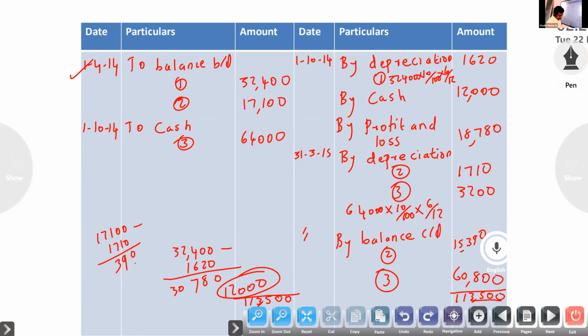On 1st April 2013, the machinery purchased on 1st January 2011 became obsolete and was sold for rupees 7,500. On the same date, new machinery was purchased. Depreciation is provided annually on 31st December at 10% per annum. Prepare the machinery account for 3 years.